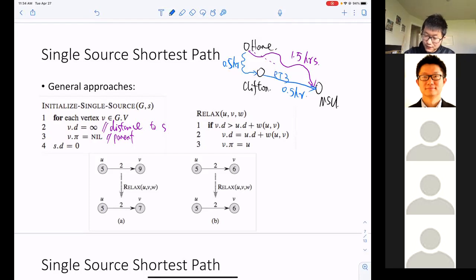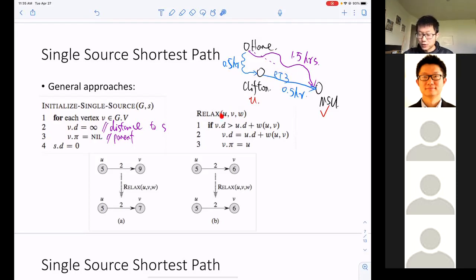So here you can take V. This relax function takes three inputs. U, V are a pair of nodes, and in the graph there is a road from U to V. There is an edge from U to V. So for example, here you can take Clifton as U and Montclair as V, because there is a single road or edge that directly connects Clifton with Montclair, and W is the weight function, which tells you the weight of this edge.